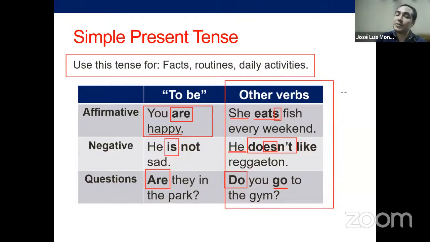Now, tell me three things that you don't do every day. I don't eat in a restaurant every day. I don't play video games.